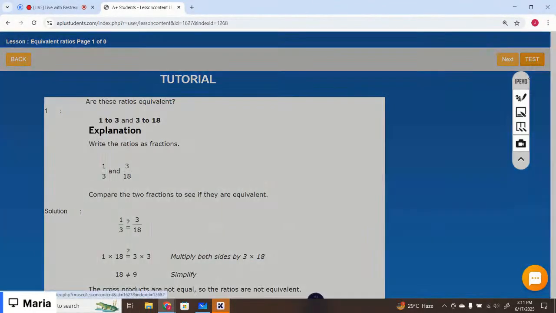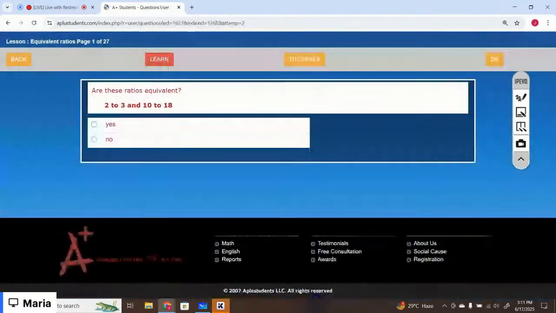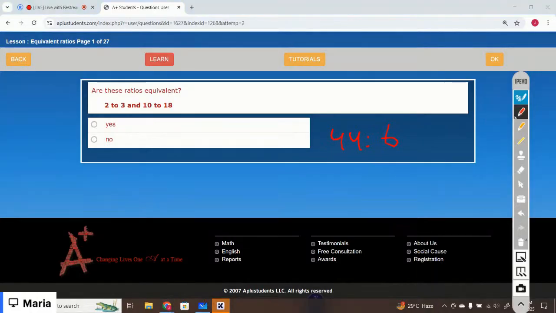Let's just start with the test questions. Are these ratios equivalent? 2 ratio 3 and 10 over 18.